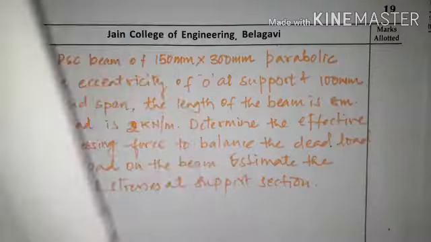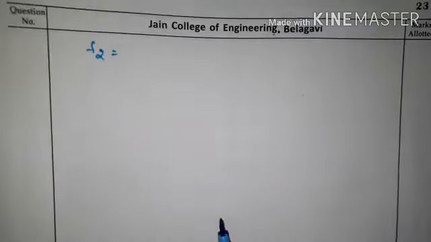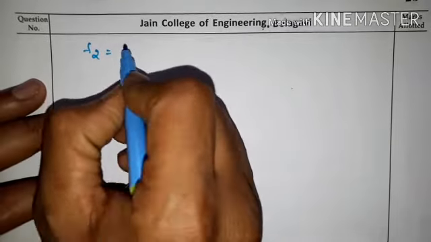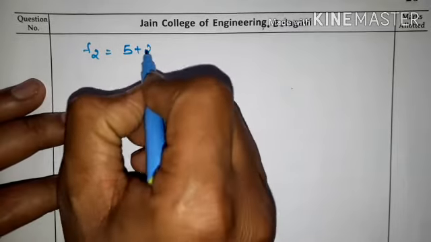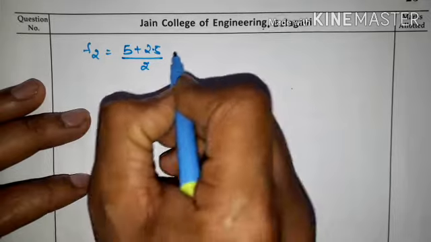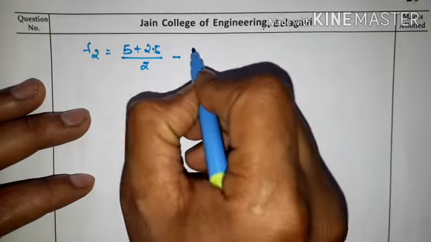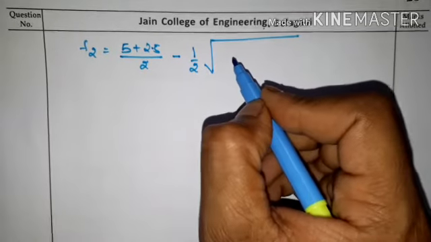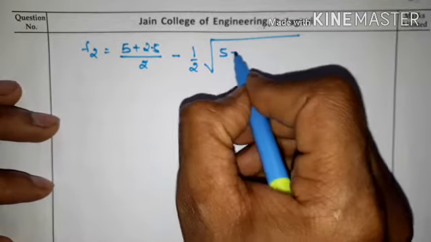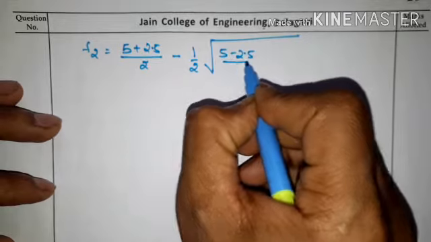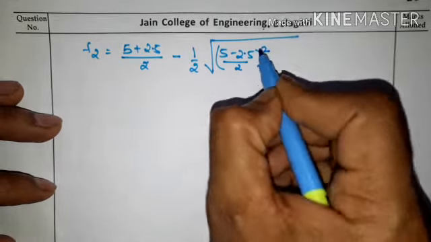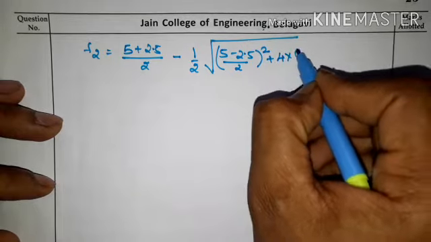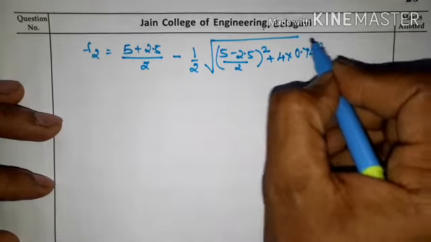Okay. So I will note down, insert the values into the equation. That is (5 plus 2.5) divided by 2 minus half of the square root of ((5 minus 2.5) divided by 2) whole squared plus 4 times 0.742 squared.